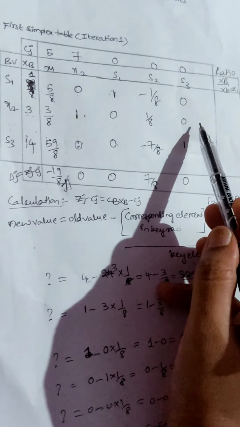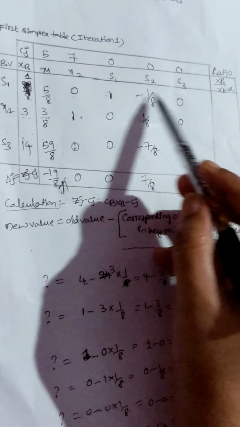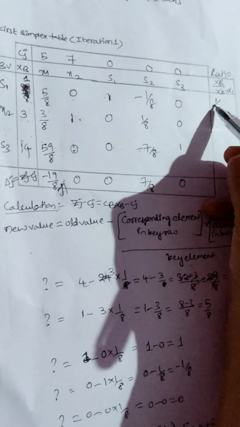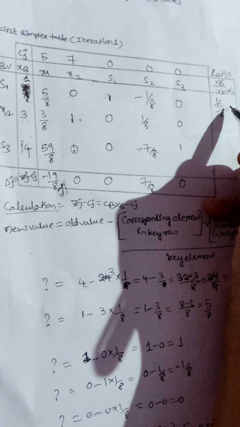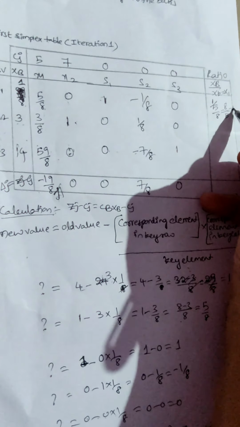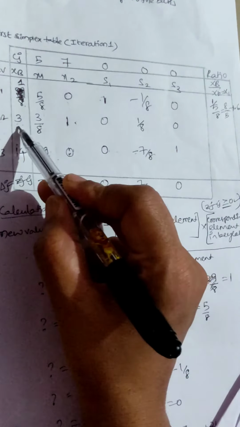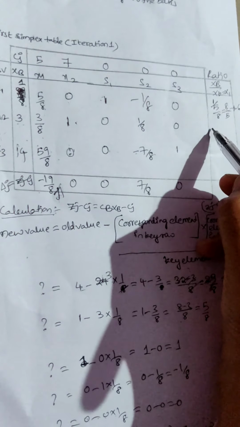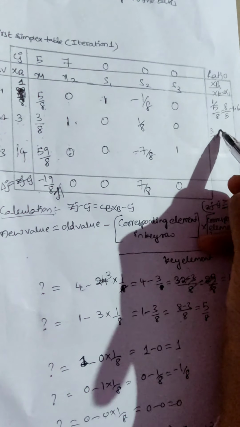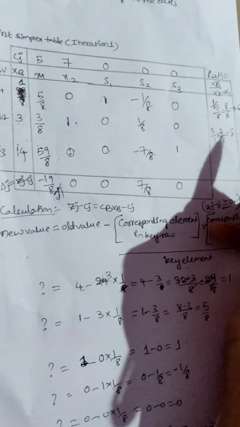And for the leaving variable find out the ratios xb by xk. Xb by xk, this is key column x1. 1 by 5 by 8, that is 8 by 5, equal to 1.6. Next 3 by 3 by 8, that is 8.